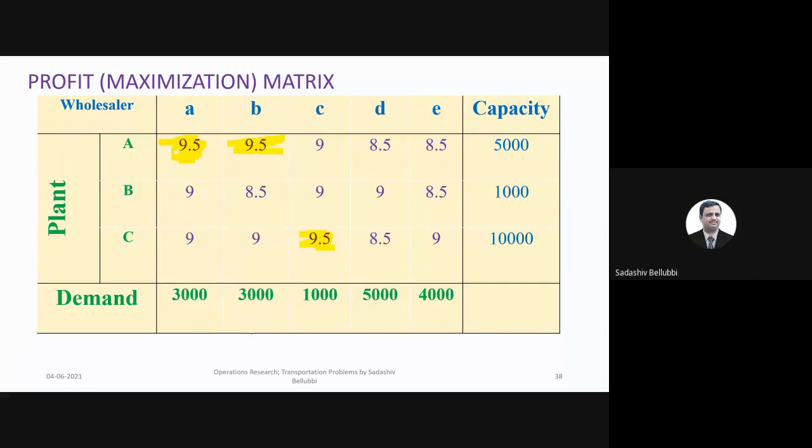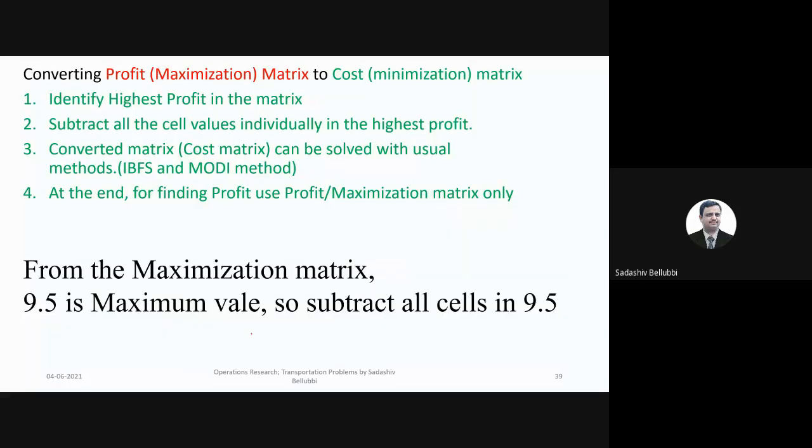Go to the next one. Here I have written the steps also. To convert the profit matrix to a cost matrix: identify the highest profit in the matrix, and subtract all the cell values individually from the highest profit.